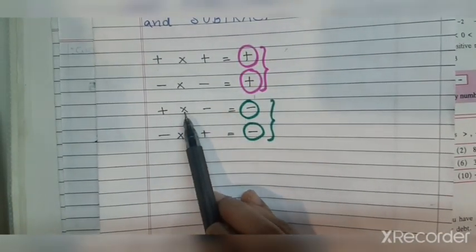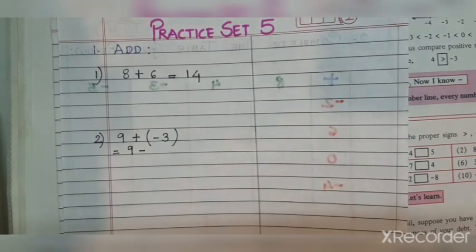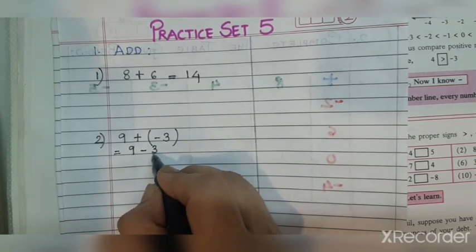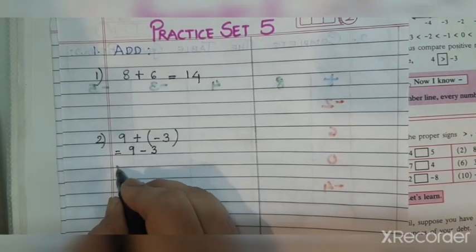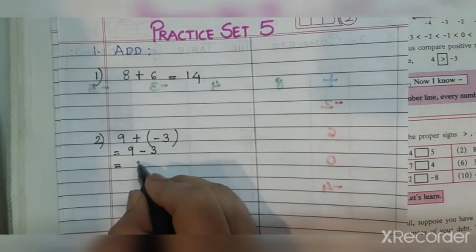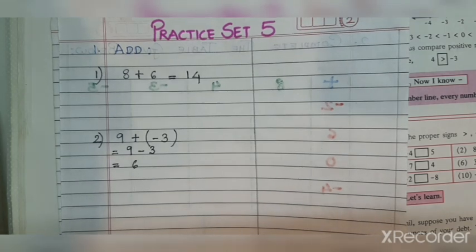So here plus into minus is minus. And I will write that 3 as it is. Okay, so now what is the answer? Answer is 6. Okay, 9 minus 3 is 6. I hope this much is understood.